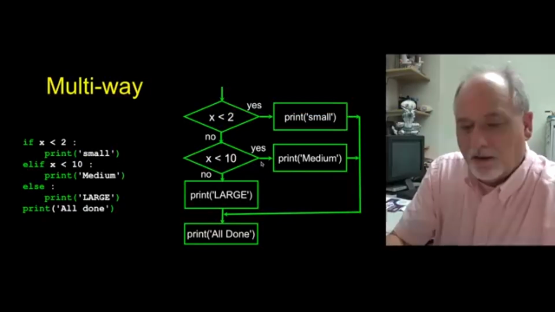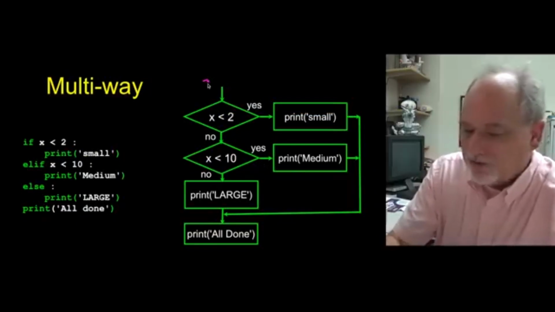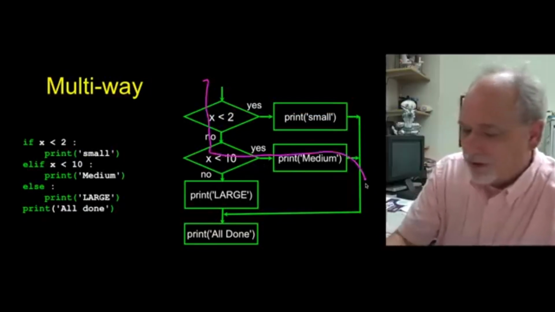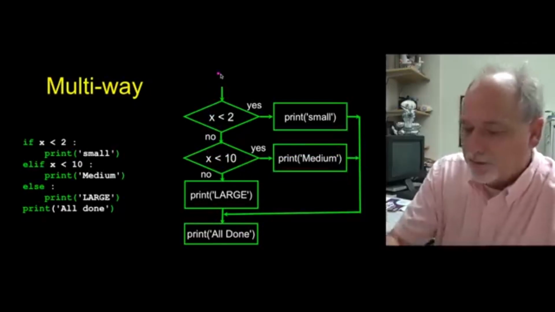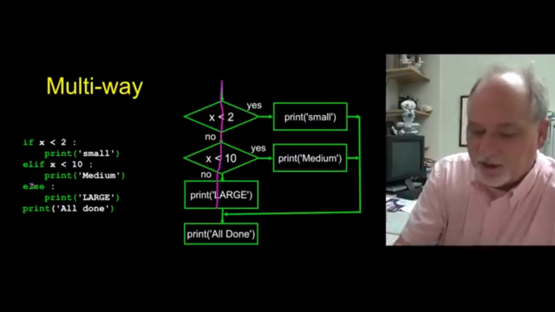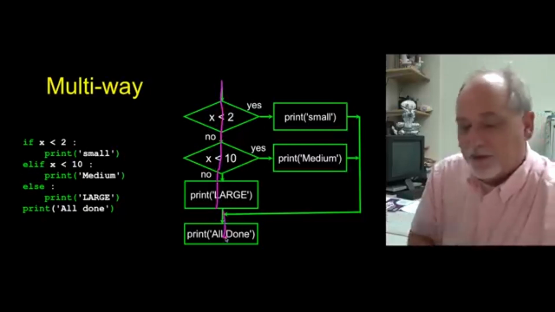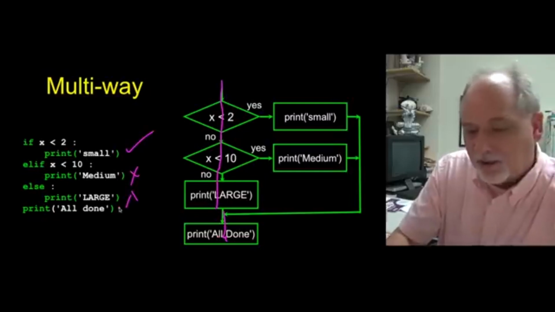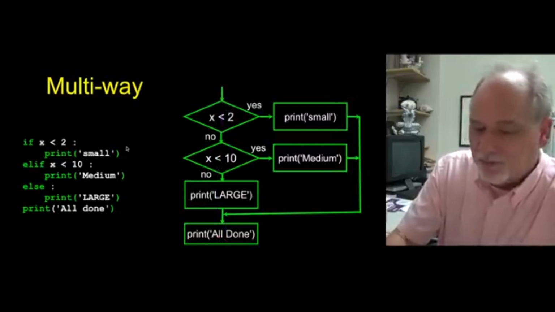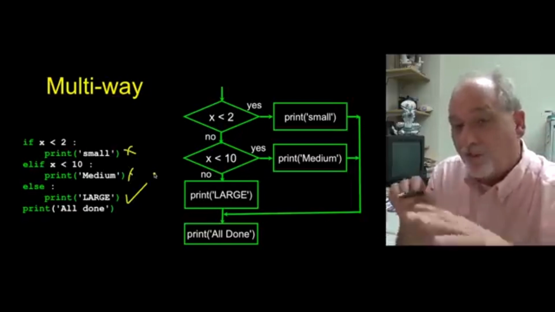If the first one is false and the second one is true, it runs this one and it's done. And if neither of them is true, it falls through, and there's an else clause that is otherwise, and it runs that. So basically, it's either going to run one and then skip the other two, or it is going to skip one, skip two, and then run this one. But it only runs one of them.